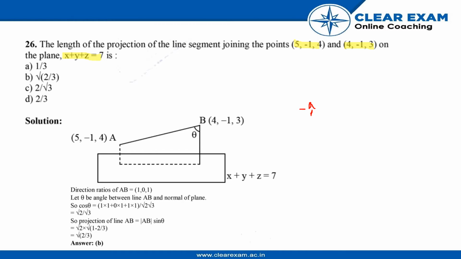Then minus 1 minus minus 1, it would be 0, plus 0 j cap. Now the third coordinate is 3 minus 4, that is minus k cap. Okay, this is the AB vector. I'll just write it again.